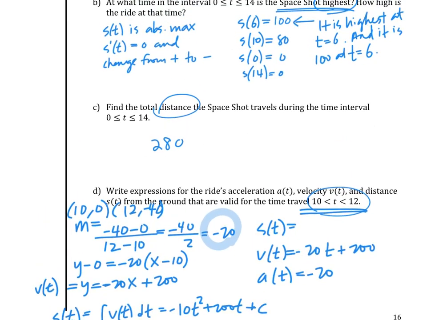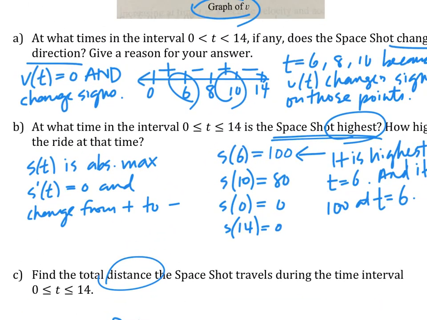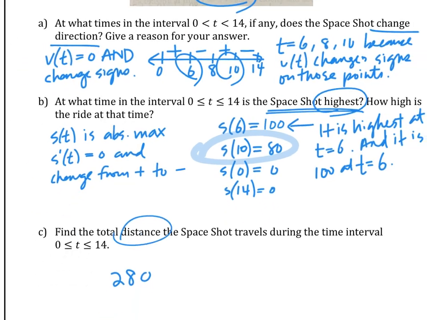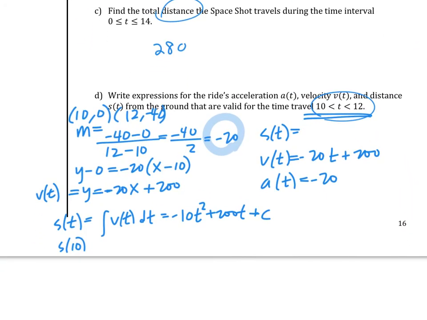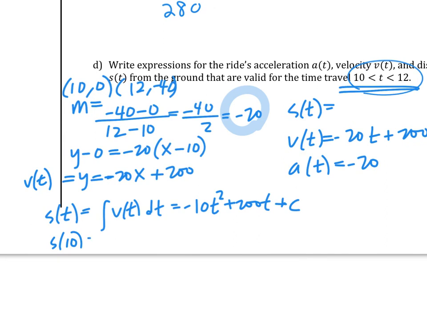Now go back to the question. We did find s of 10. s of 10 is 80. So there is not an initial condition, but there's a condition at 10: s of 10 says that at time 10, the position is 80. So this is equal to 80.